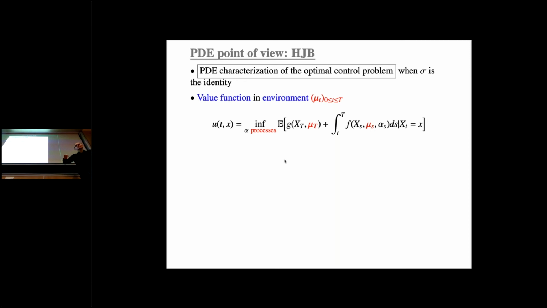You sit down on the particle and you see what happens. Another point of view is a more Eulerian point of view. You are sitting at a given time and a given point, and then you want to compute how much you have to pay till the end.